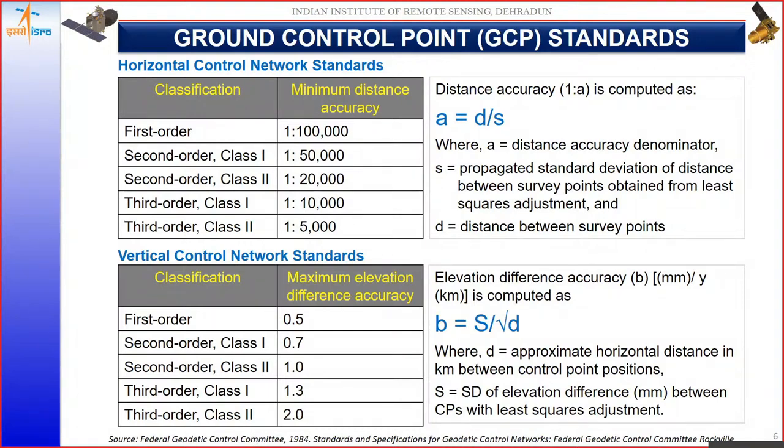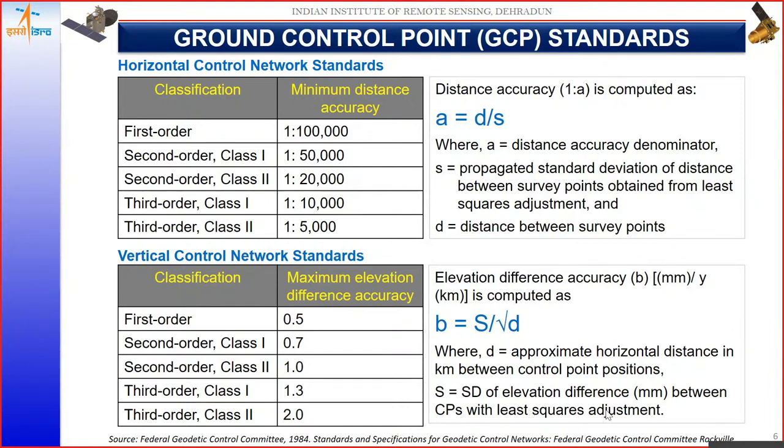The first order defines the relative accuracy as 0.5 and the third order as 2.0, where it is mathematically described as B equals S upon root D, where D is the approximate horizontal distance in kilometers between control point positions, and S is the standard deviation between the control points with least squares adjustment.